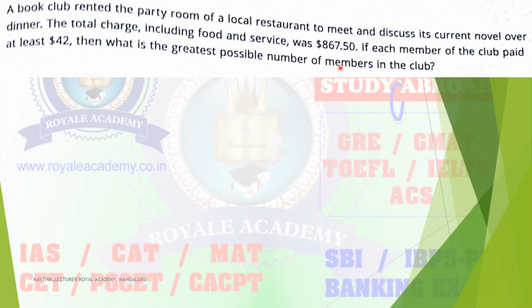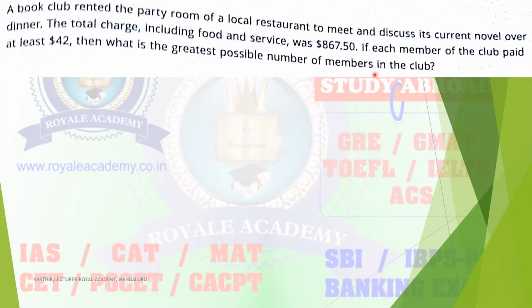If each member of the club paid at least $42, that is, $42 is the minimum, they can pay more than that but should not pay less, then what is the greatest possible number of members in the club? You have to find the greatest possible number of members in that particular club.